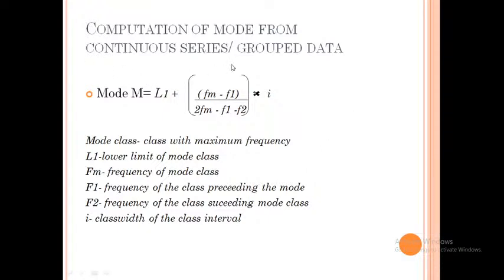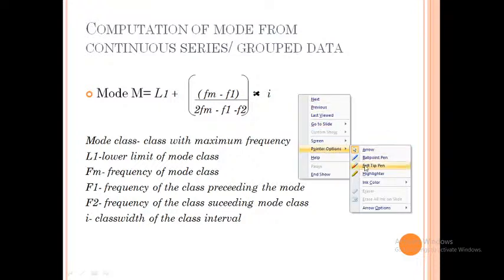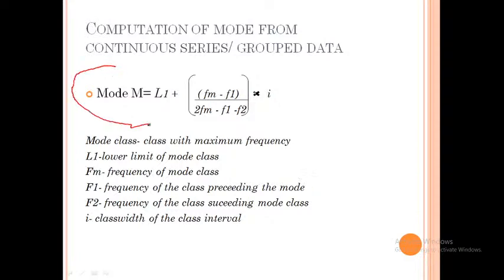This is the equation for mode: mode is equal to L1 plus (Fm minus F1) divided by (2Fm minus F1 minus F2), into i, commonly used for continuous series or grouped data.